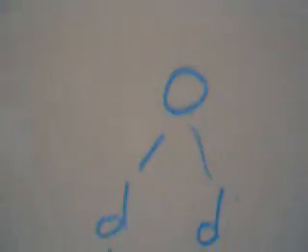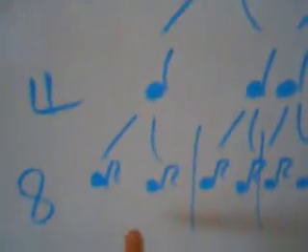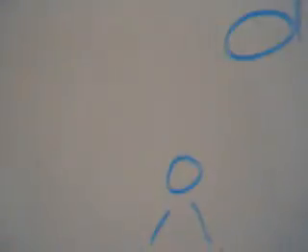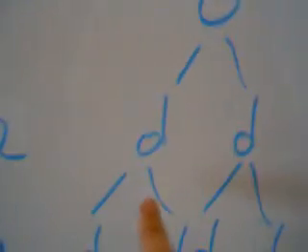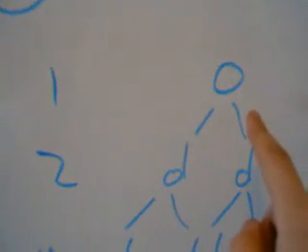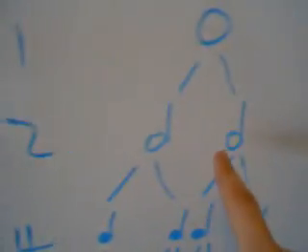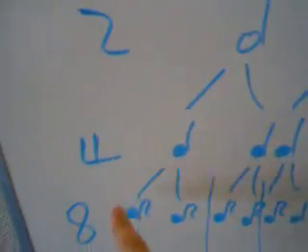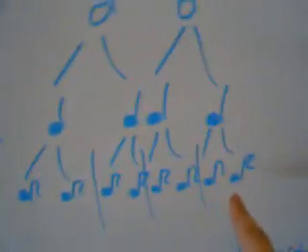Kind of get that? So in the space that you can play 8 of these, you play 1 of these, right up here. In the space you play 1 of these, you're playing 2 of those, or you're playing 4 of these. So I have the 1 marked with the whole note, 2 with the half note, 4 with the quarter note, 8 with the eighth note, like this.